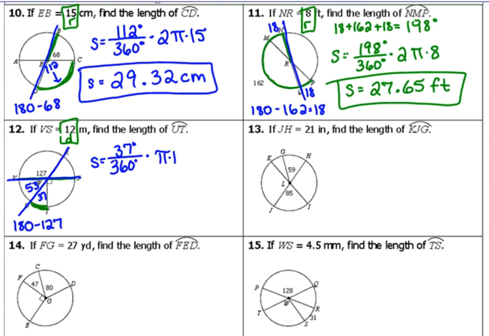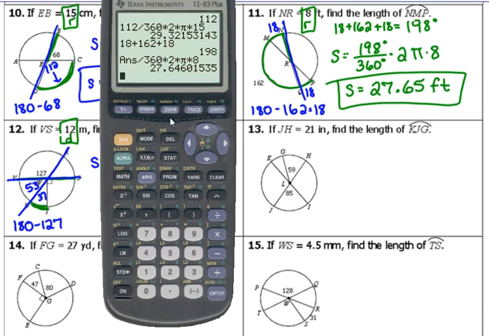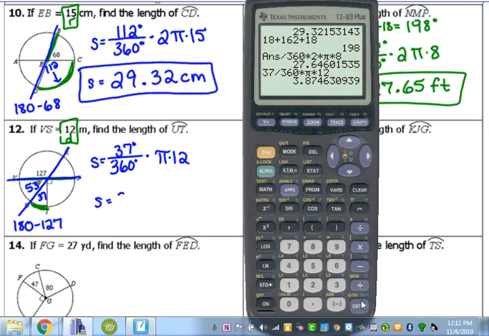It's just pi times 12. So the arc length here is 3.87 meters. Smaller number because when you look at it, it's a smaller portion of the circle.